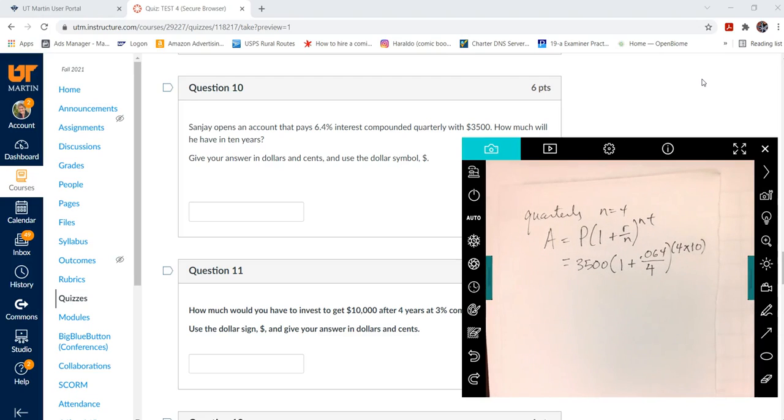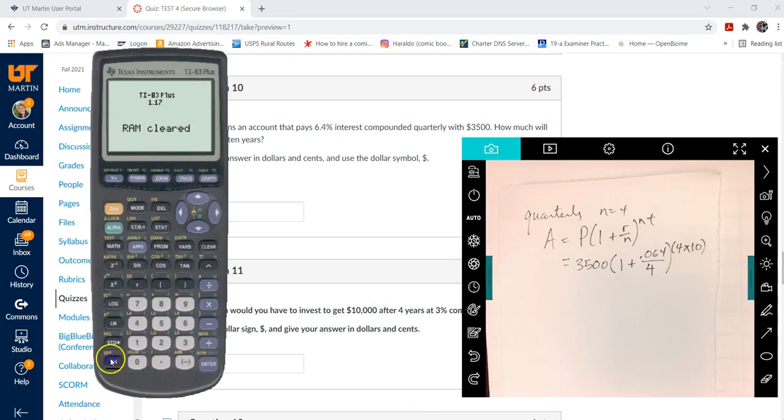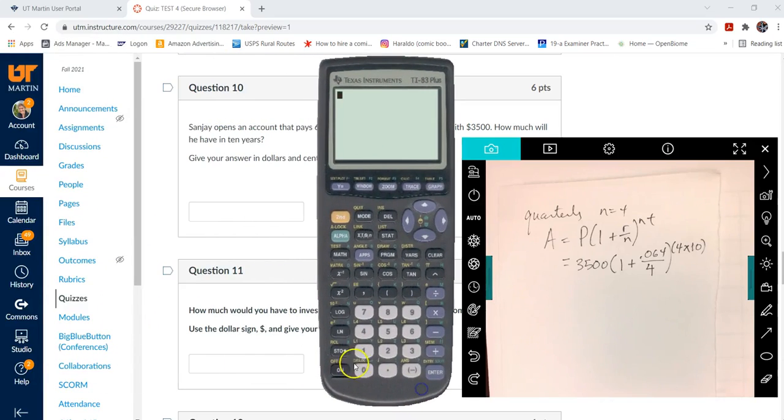Okay. So I'm just going to put this into my calculator as it is. And I don't round until the end and give the answers in dollars and cents. That means you round it to 2 places. So I'm going to have 3,500, then parentheses, 1 plus, no rounding until the end. Then to the power of 4 times 10, which is 40.